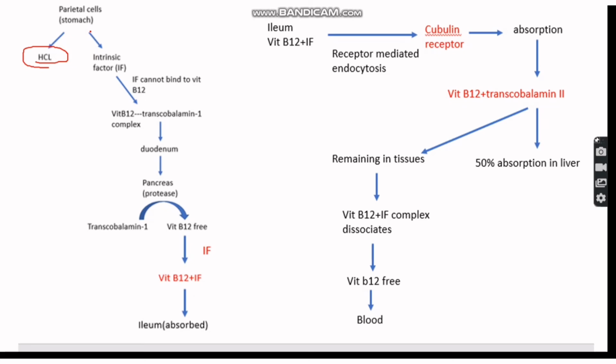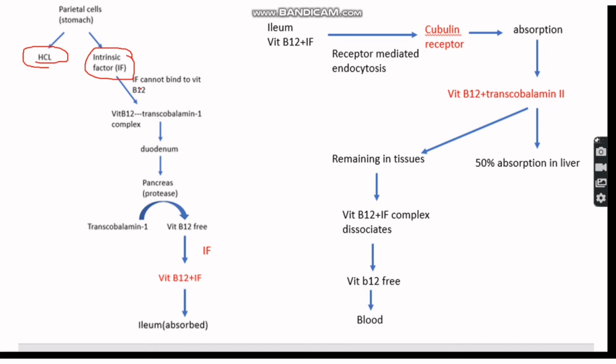The parietal cells in the stomach will also release a factor known as intrinsic factor, IF. Vitamin B12 remains bound to the transcobalamin 1 carrier protein as a complex, and it will only be released when this complex reaches the duodenum.